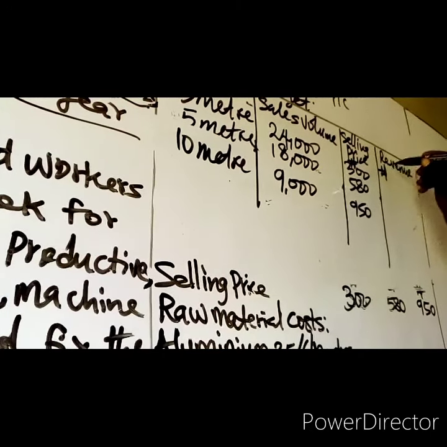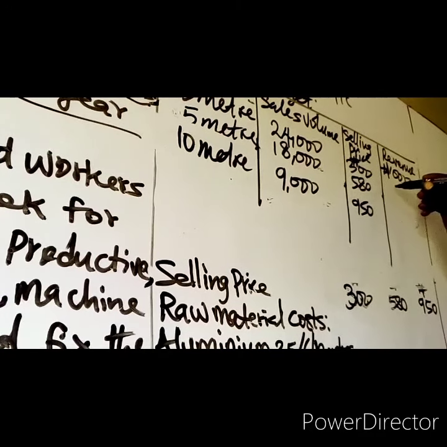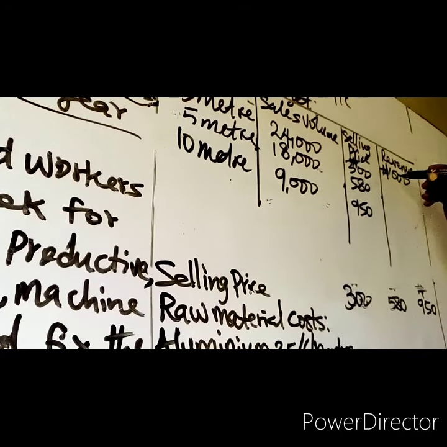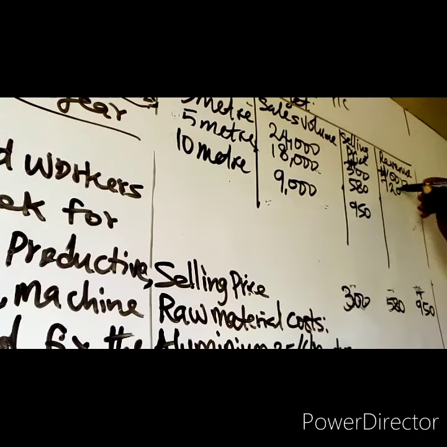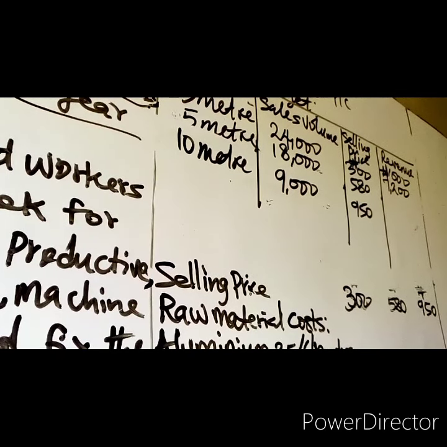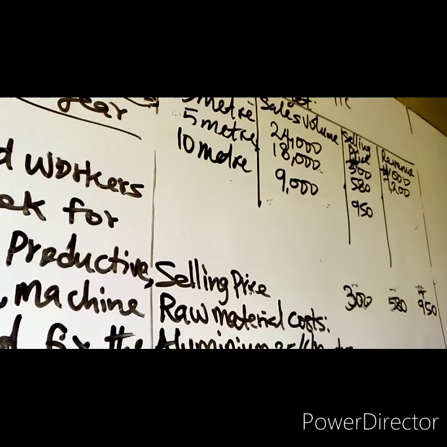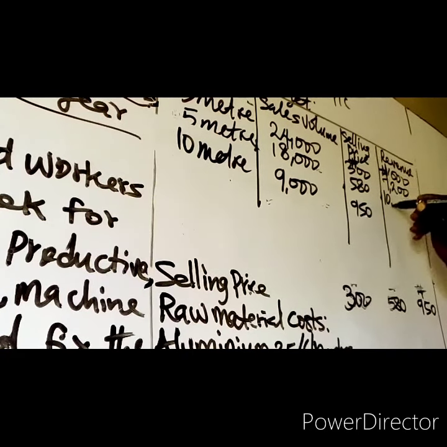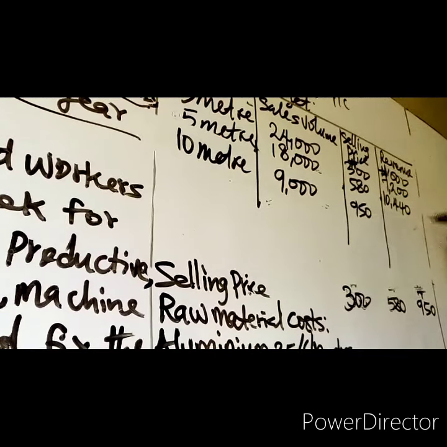Let me keep 3 zeros at the top. That will be 7,200. Then 18,000 times 580 gives us 10,440,000, which is 10,440.